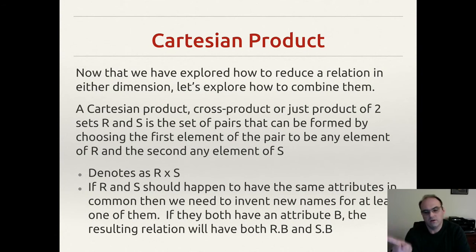The one thing I want to point out before we do, though, is that this is different from when we were talking about the set logic. If an attribute exists in both R and S, let's use a concrete example. I have a user relation and I have an email relation.